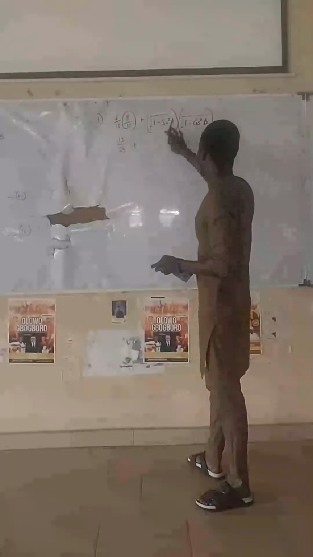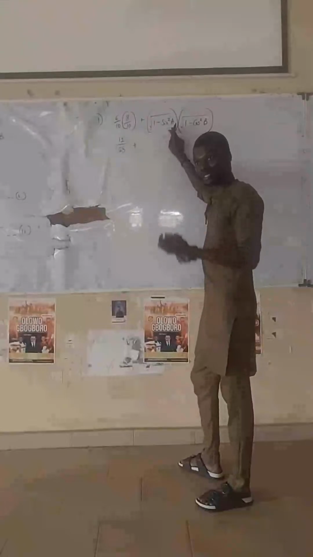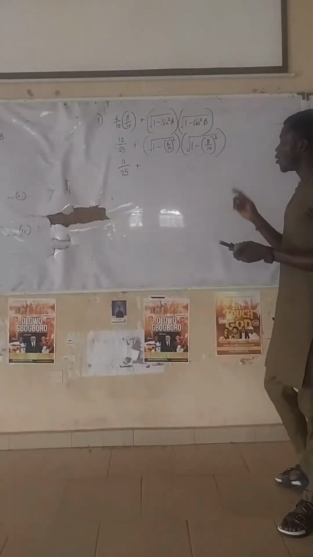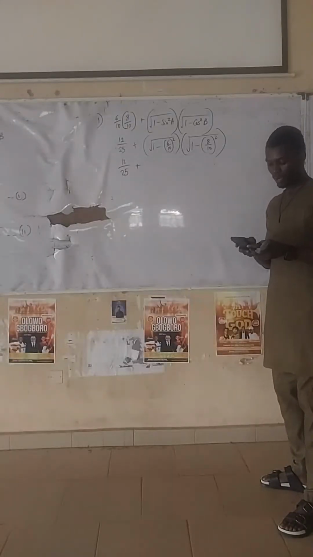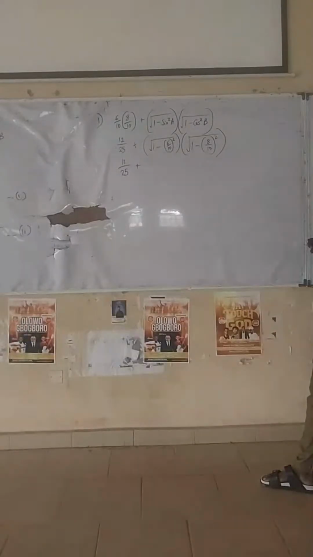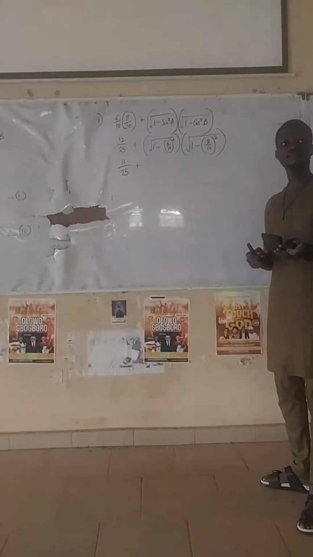Now, for this one, first of all, when you have sine square A, it means you have sine A squared, right? Now, when you have cos square B, it means you have 1 minus answer. 1 minus answer over 25. Now, square root of answer, 4 over 5. Do you have it?